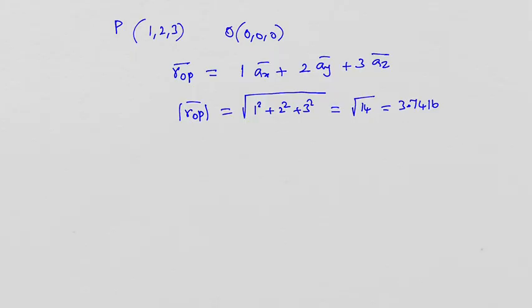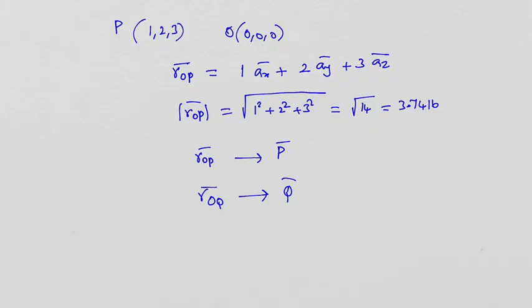So many a time the position vector is denoted by the vector representing the point itself. For point P, the position vector is P, and R_OP is simply represented as vector P. Radius vector R_OQ, if Q is the point, is simply represented as vector Q, right? So it is represented in short form throughout the subject.